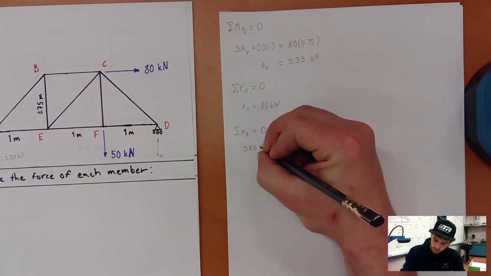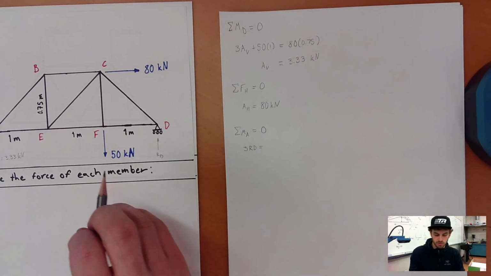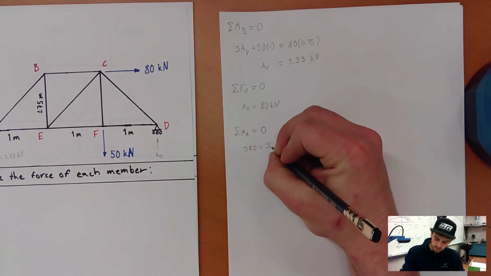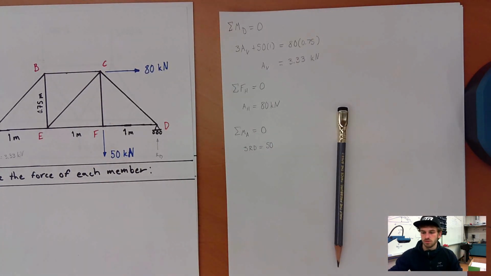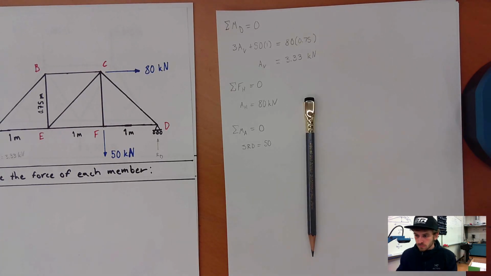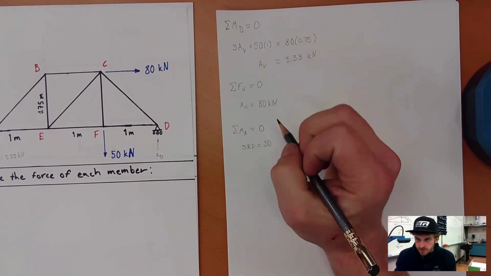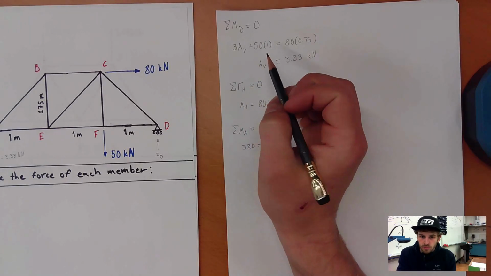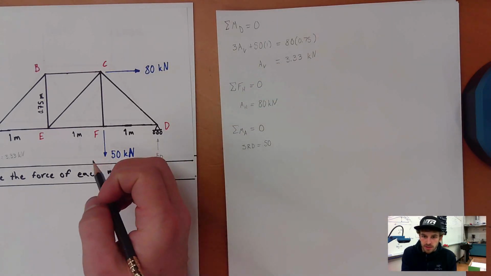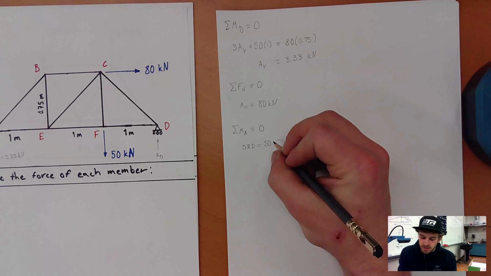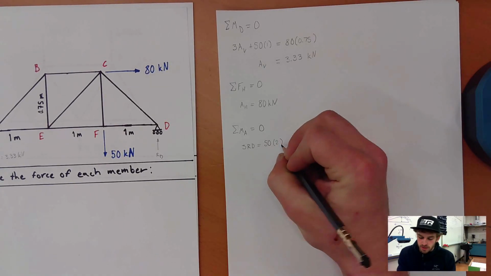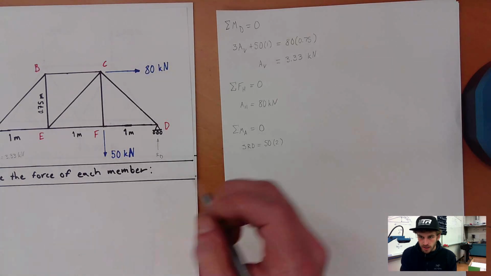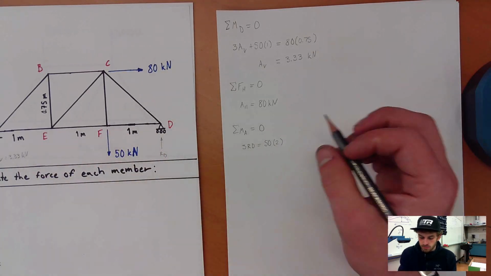Is going to be equal to 50 kilonewtons. This time it's a little bit different because the last time from point D we were only 1 member away, and this time we are 2 members away. So 50 multiplied by 2 members away instead of 1 member away.